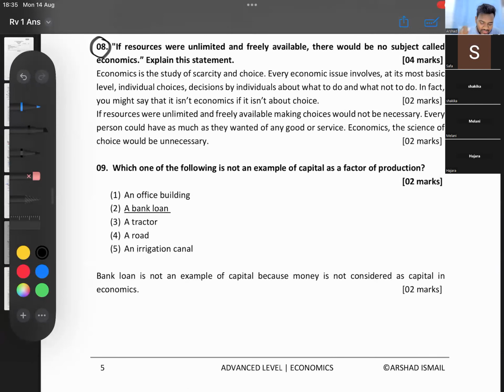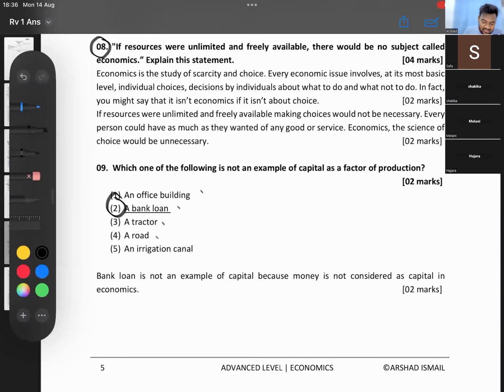Okay, then look at question number 9. I'll show the answer itself. Which of the following is not an example of capital? There is office building, bank loan, tractor, road, irrigation canal. Why is bank loan the answer? Why is bank loan not capital? They are asking which of the following is not an example of capital.